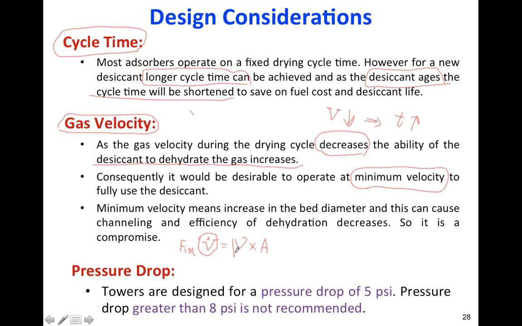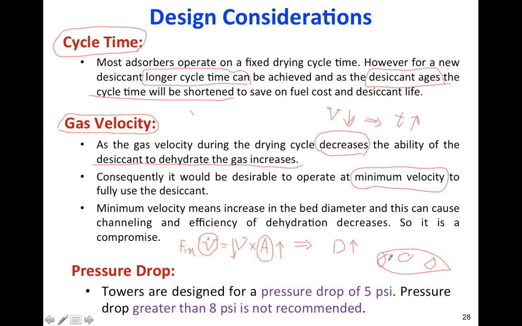If I decrease the velocity, I have to increase the area, and increasing the area means increasing the diameter of the column. If you use a bigger column diameter, the chance of non-uniformity is greater. It means your gas won't be uniformly distributed across your column diameter or cross-sectional area.